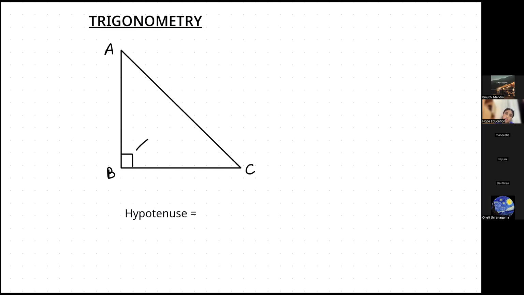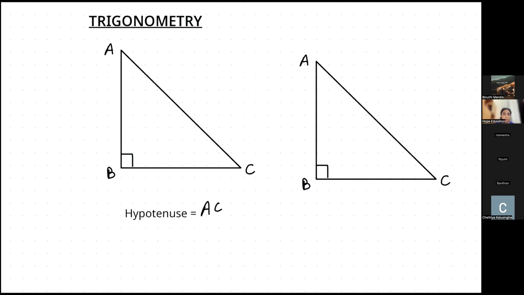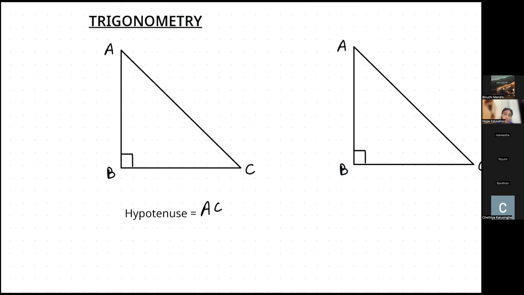What is the side opposite to the right angle? What is it, Tavisha? The hypotenuse is AC, because that's the side opposite to the right angle. That is AC. Okay. Look at this carefully. I'm going to mark this angle as theta.